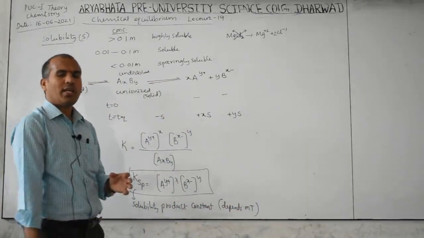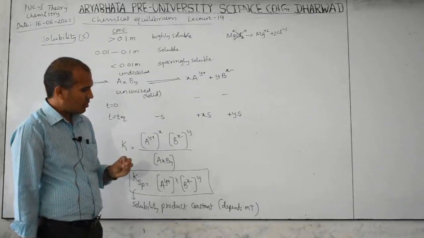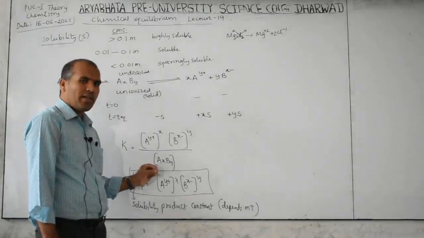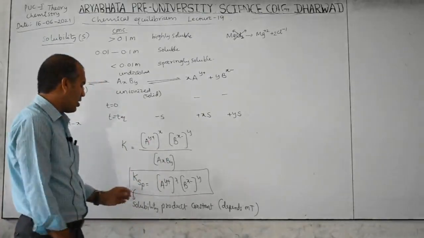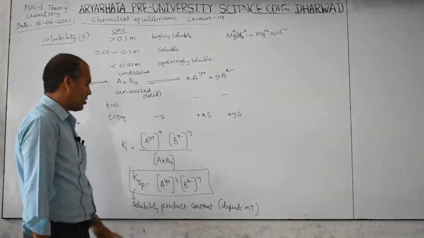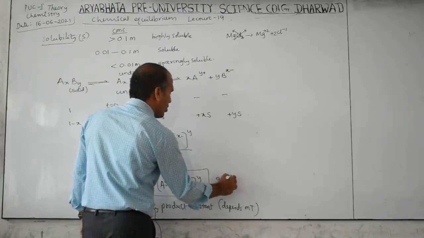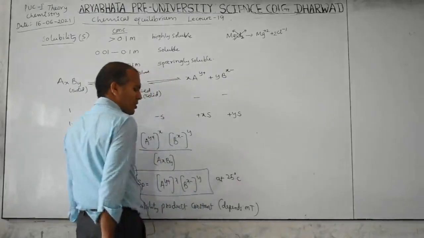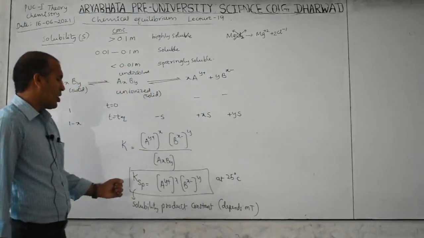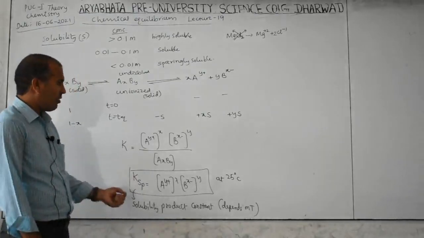Already I told very clearly, all constants depend on temperature, in our first year to second year K constants. This depends on temperature. So for this formula, for example, consider 25 degree Celsius.